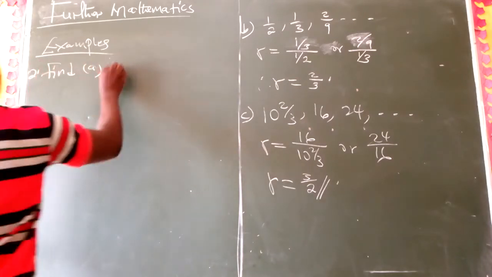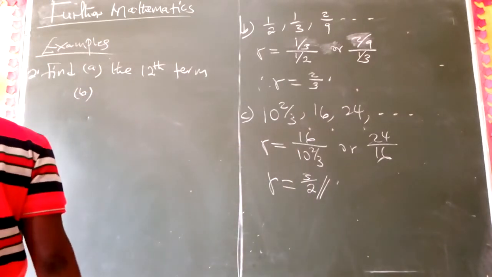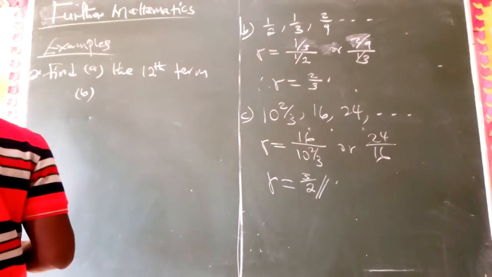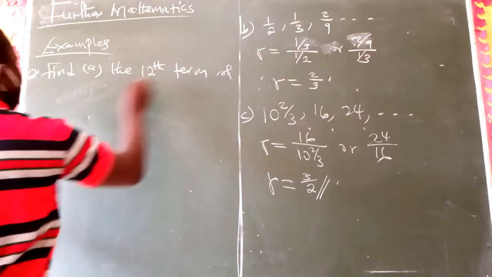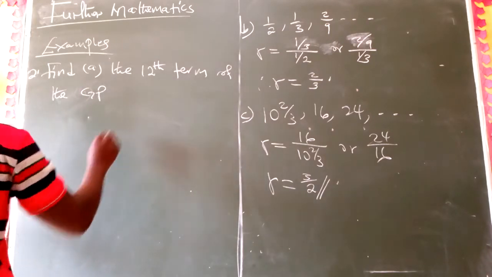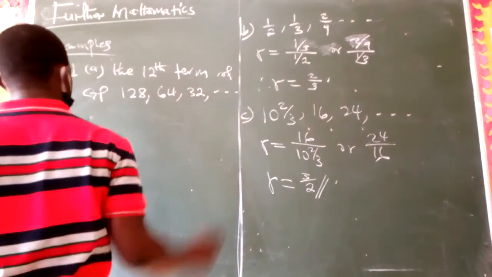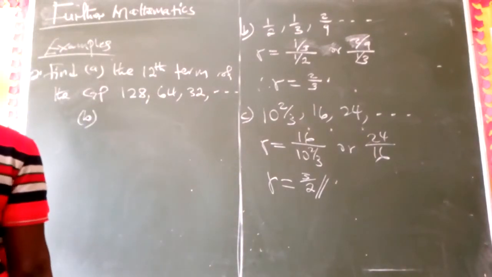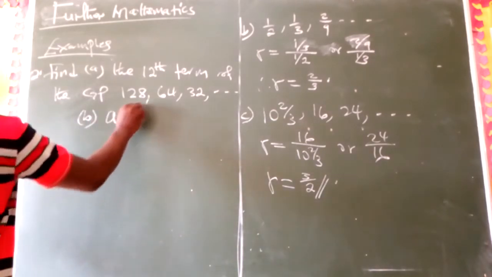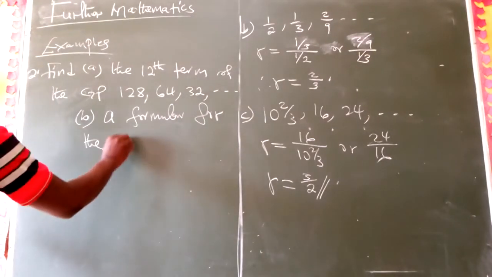Find A, the 12th term of the GP 128, 64, 32, continuously. B, a formula for the nth term.